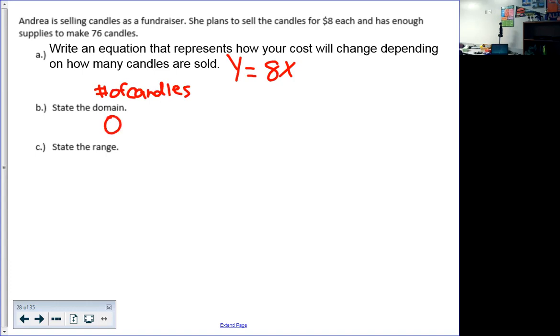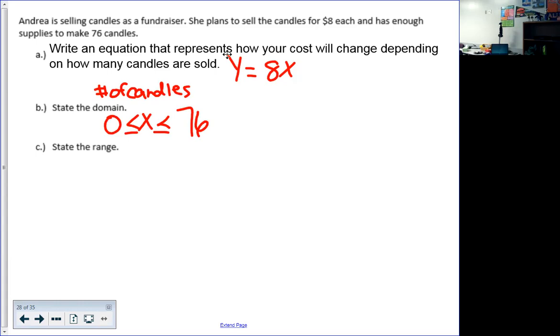Probably not a good fundraiser if that happens. 0 less than or equal to x. Less than or equal to, what's the most she can sell? 76. This is the goal right here. Hopefully she ends up selling that 76. Makes a lot of money for that. All right, so I got 0 less than or equal to x less than or equal to 76.